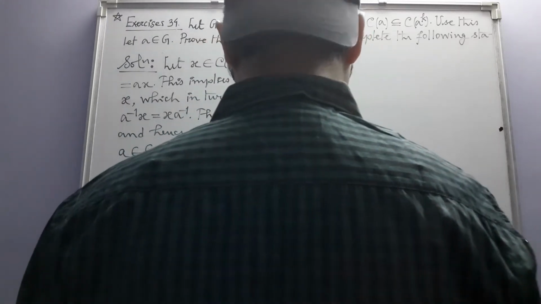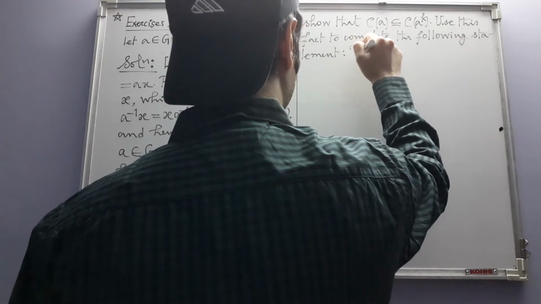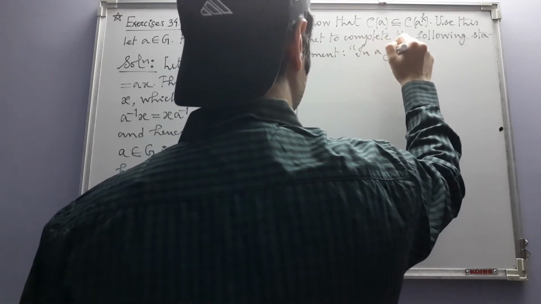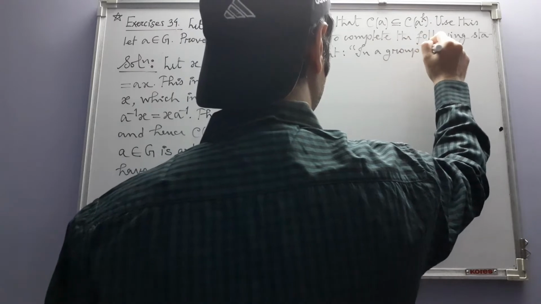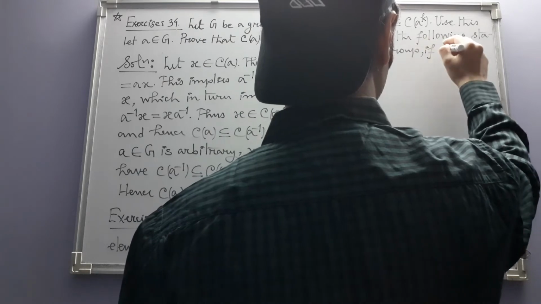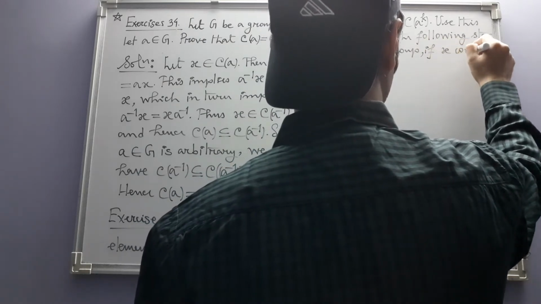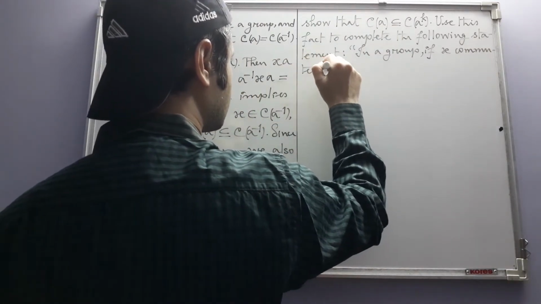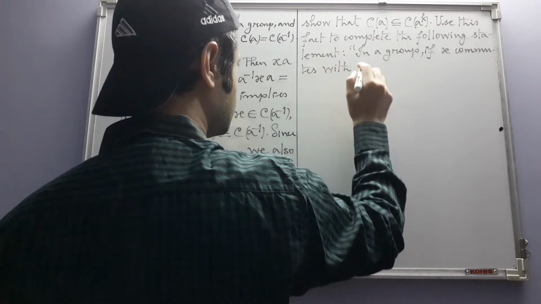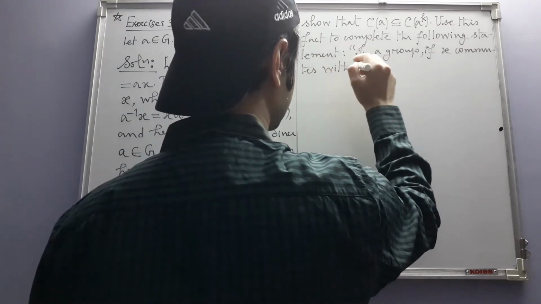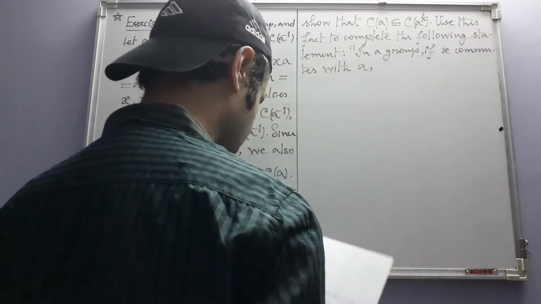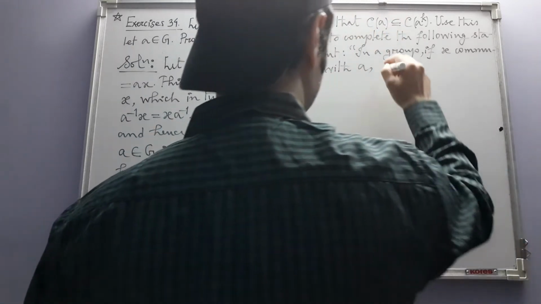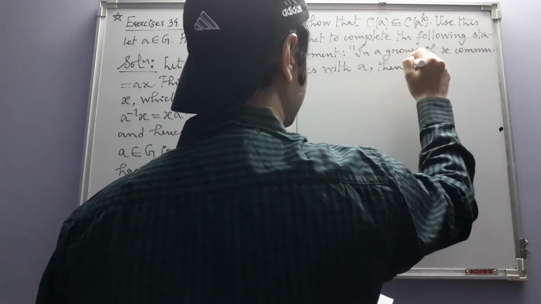And the statement is this: in a group, if X commutes with A, X is some element, A is also some element, X commutes with A, then we have to write the appropriate thing here.